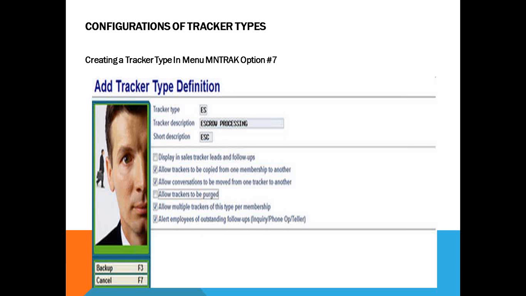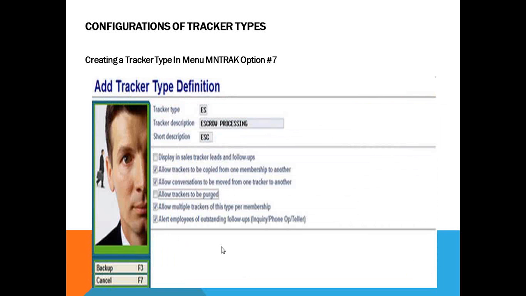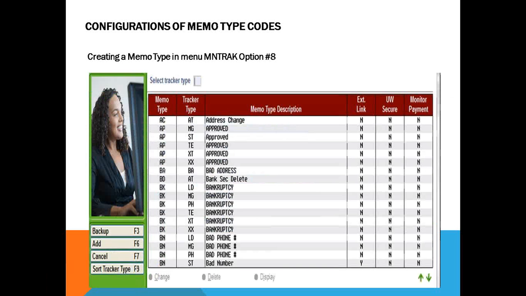Since I will want this to be part of a permanent tracker record, you can check in your credit union MNTRAK and go through and see if all of your current configurations allow trackers to be purged or not. If you decide in the future this category needs to be purged, then you just go ahead and click that button. Once we do that, at this point, we've established what we want to allow this type to do. We would just press enter to save.